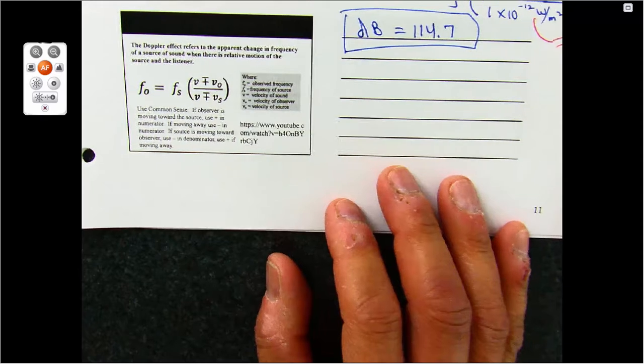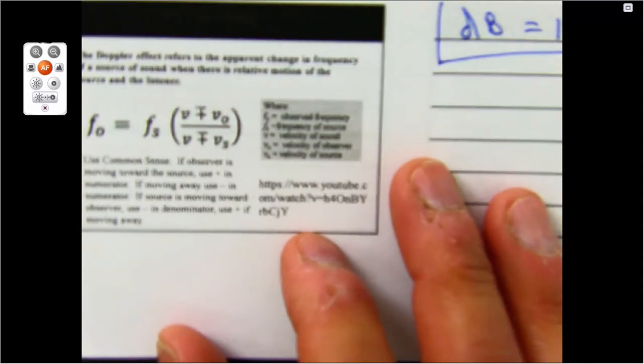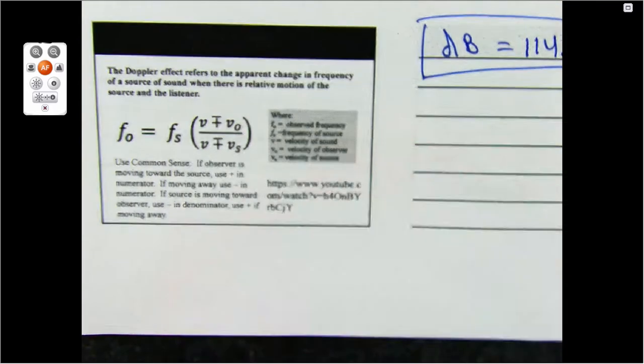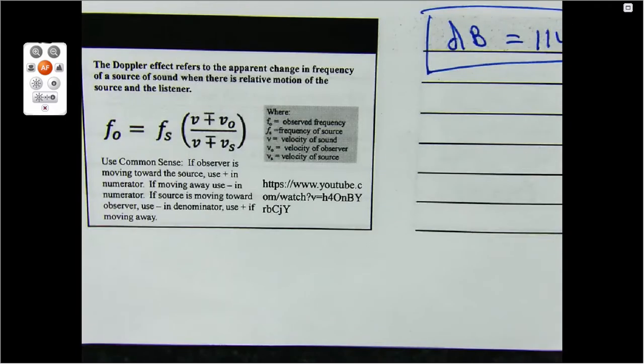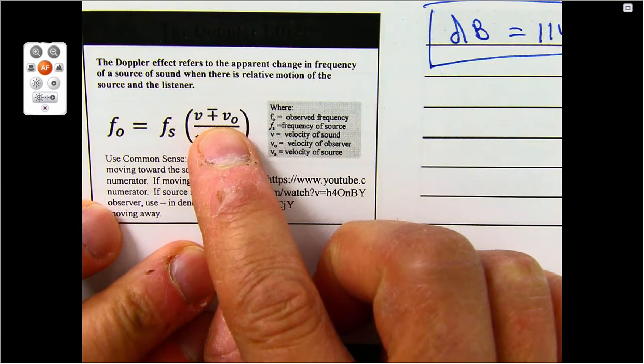This has got to make sense. There's a lot of variables, yes. Oh, here's what I'm going to do. I'm telling you to use common sense on this. I'm not going to give you, because if you do the plus and the minus, that's 2 equations.